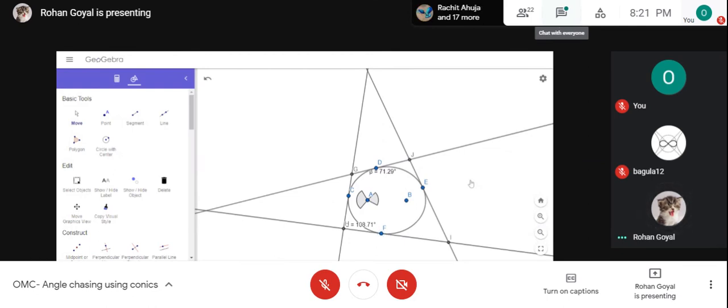Can anyone tell the proof? Any ideas? Doesn't it follow from the angle bisector thing we proved in the beginning?